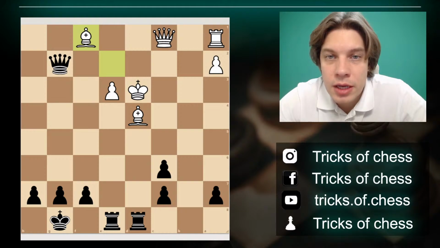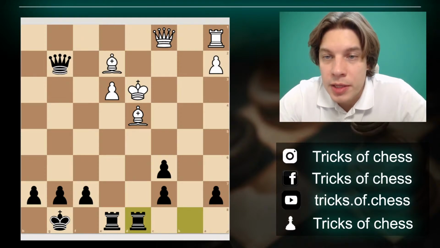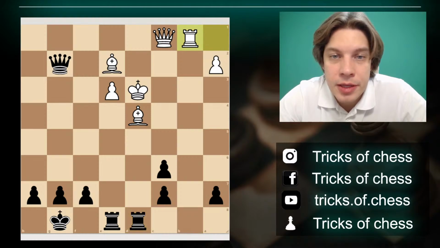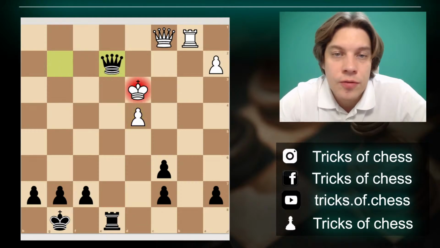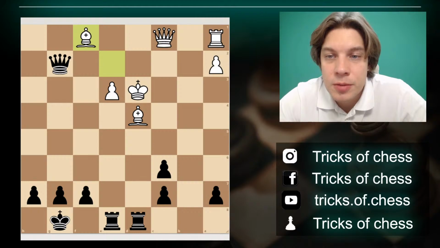Bishop f1, and oh yeah, they had to play this move, because otherwise, let's say they play this, rook d4 is coming. King d4, queen takes e2. If pawn takes, then queen e2, of course. So bishop f1, queen e4, king goes there.